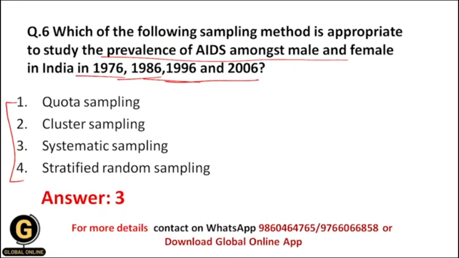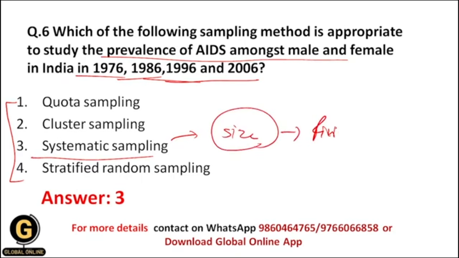Let me explain why. Within systematic sampling, we know the size of the population, right, which is finite. Here the researcher wants to understand the prevalence of AIDS amongst male and female candidates in India, and as well it has mentioned some years like 1976, 1986, 1996 and 2006.